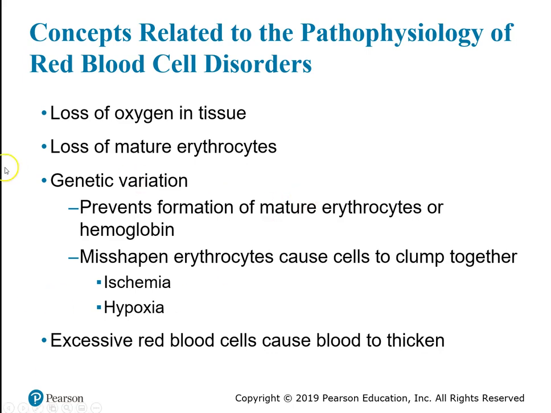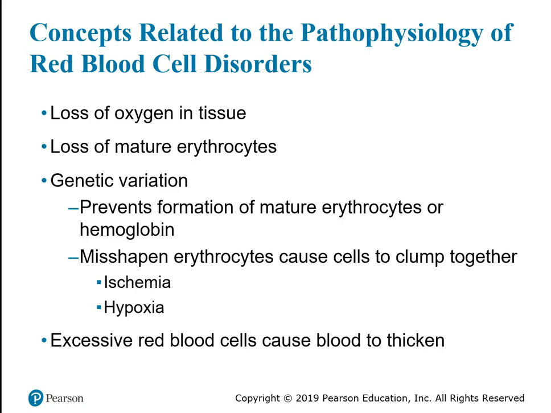So we already said that. Genetic variation here, it says, prevents formation of mature erythrocytes or hemoglobin. So you can actually have a problem where you don't form those mature red blood cells, or you're not producing a functional hemoglobin protein. You can also have misshapen erythrocytes, and they will clump together and can lead to ischemia and hypoxia.